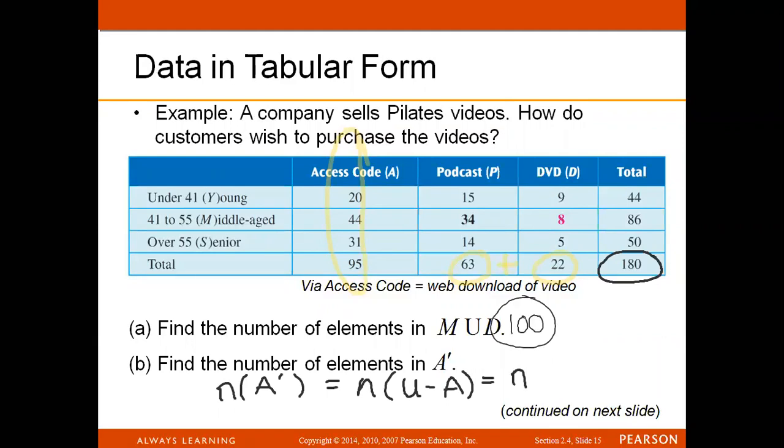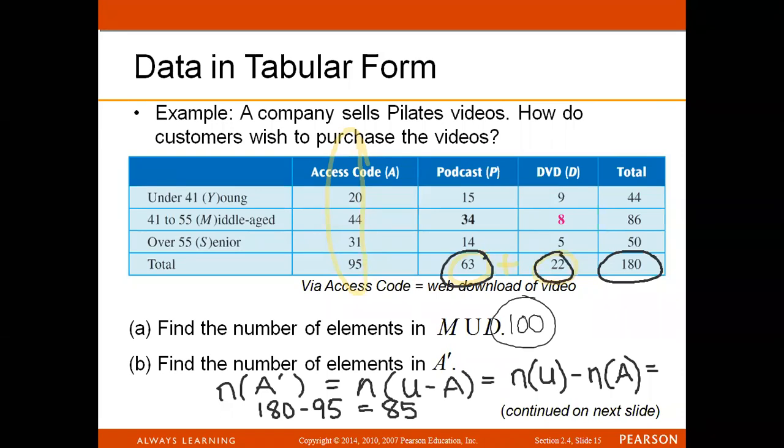So the number of elements in U minus the number of elements in A is 180 minus 95, which is 85. Now, intuitively, we saw 63 plus 22 would also equal 85.